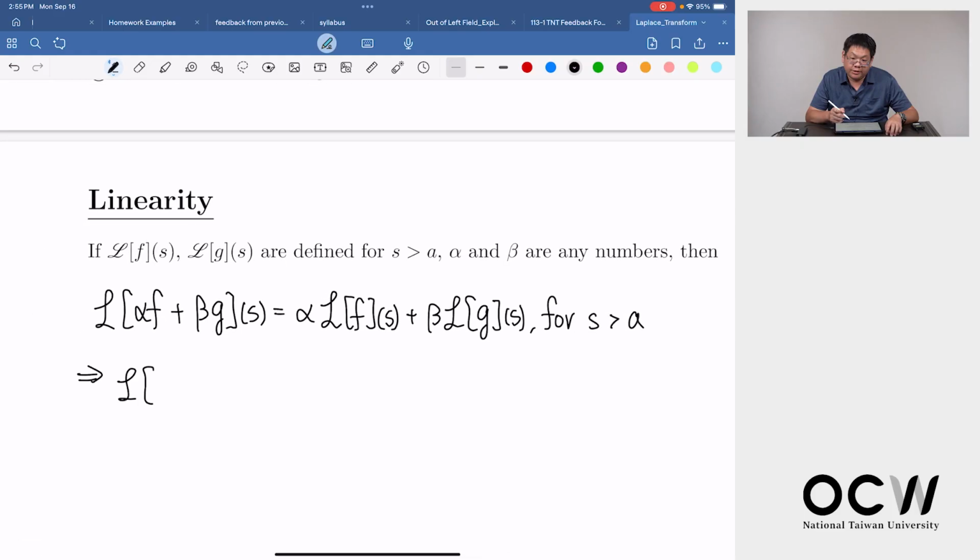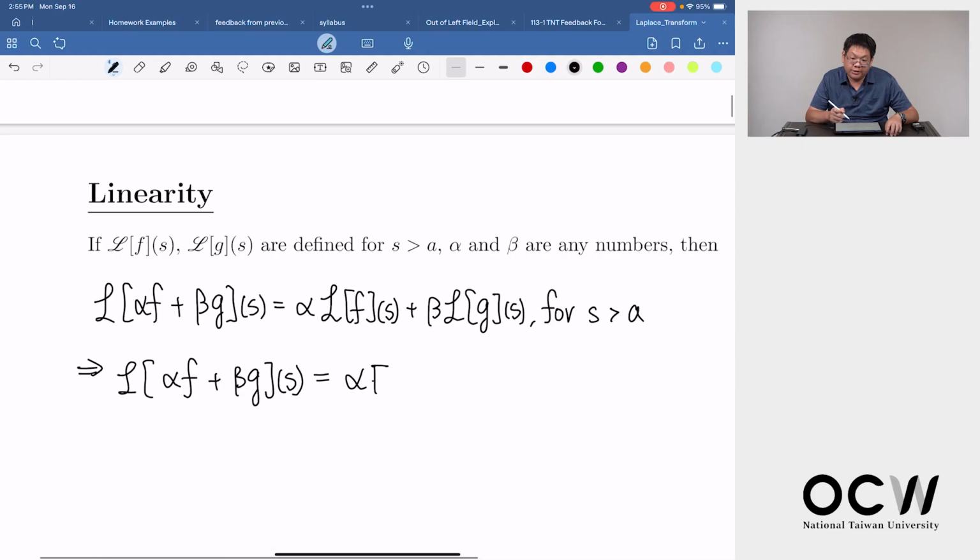That means we do the Laplace transform individually and sum them together, or do the linear combination.